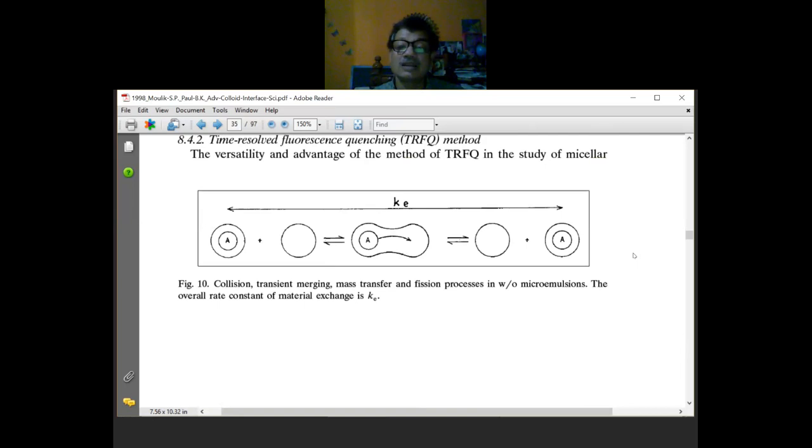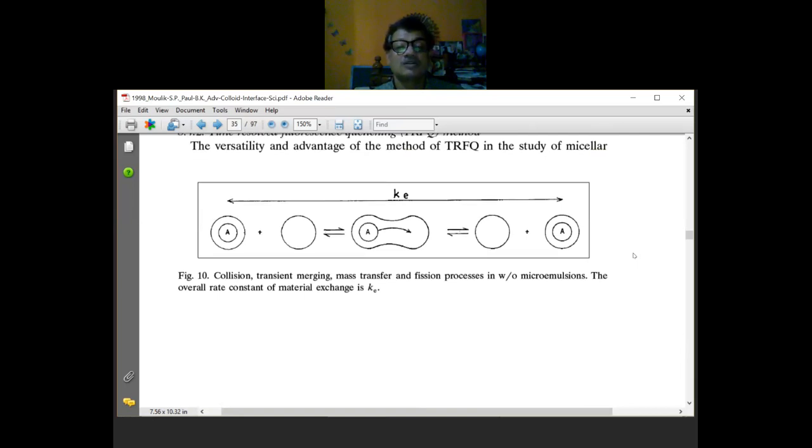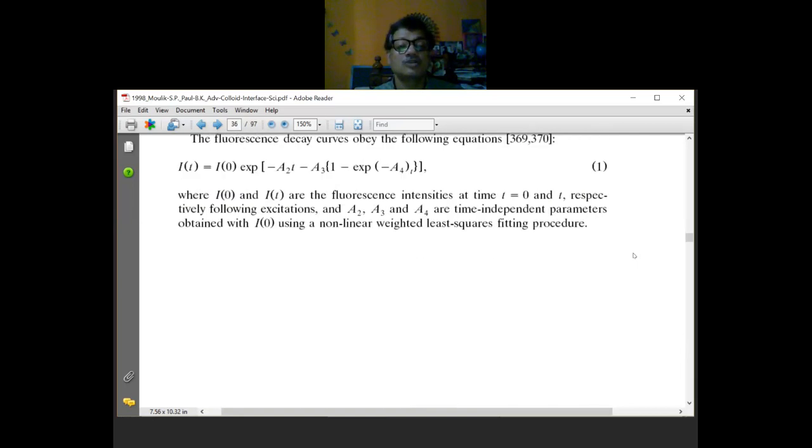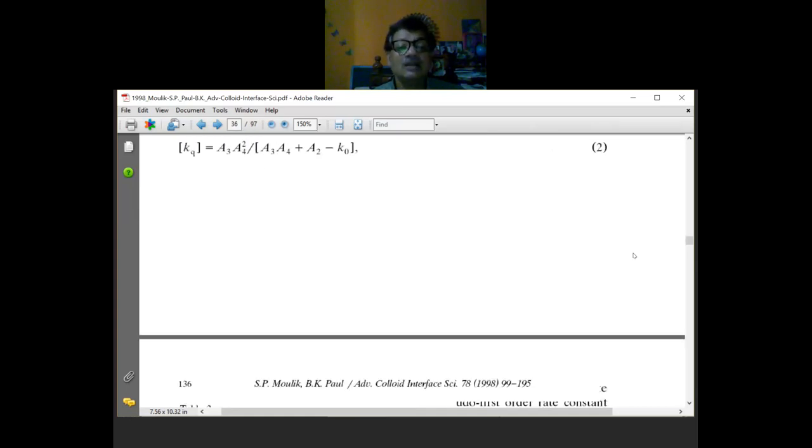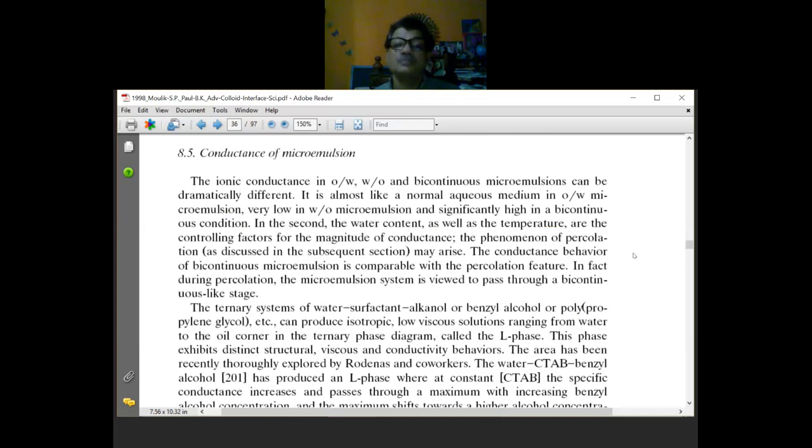So it can transfer electrical charges, although the continuous medium is oil and does not conduct electricity. So this is what I said about the conductance of microemulsion.